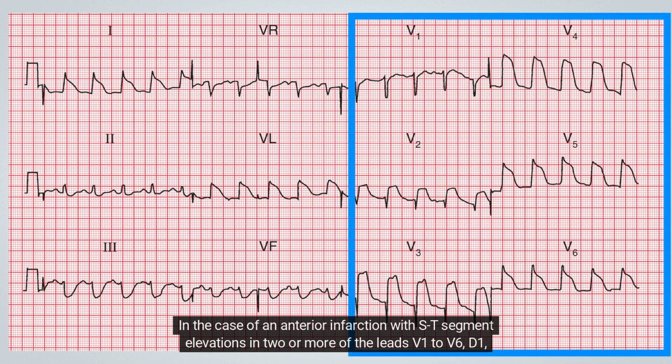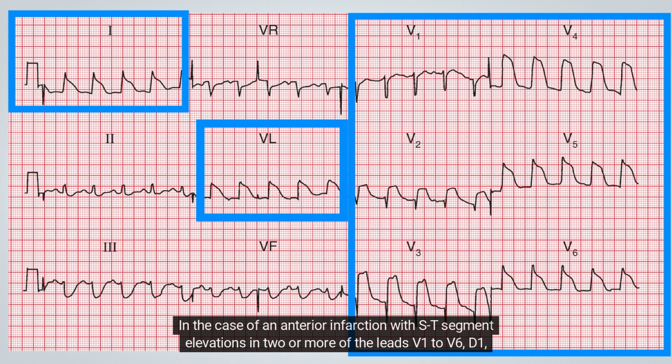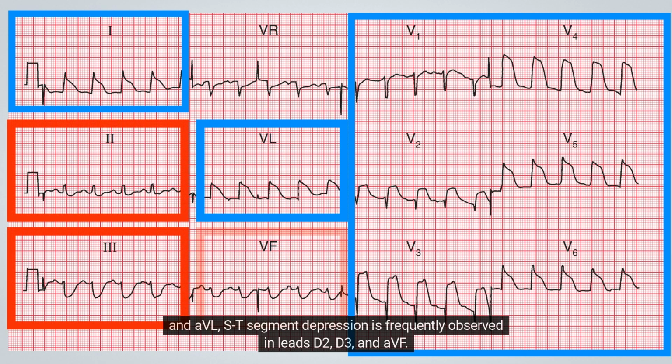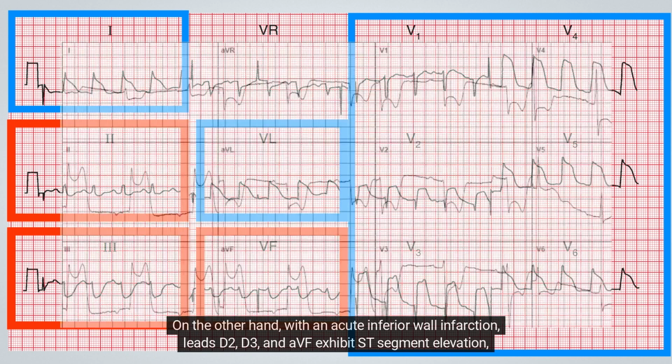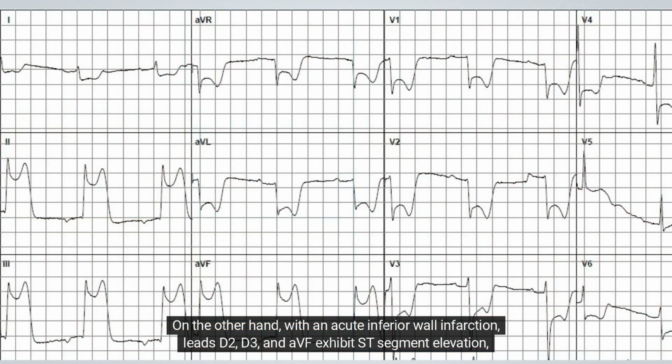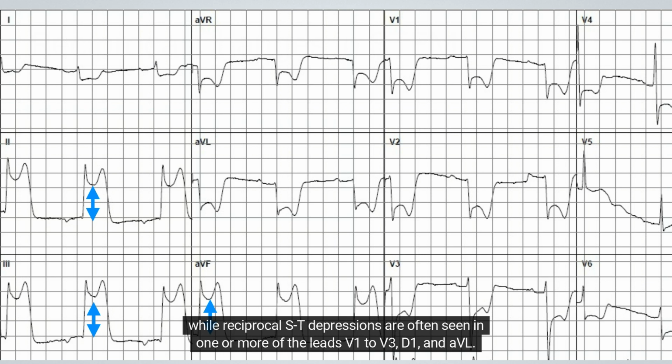In the case of an anterior infarction with ST segment elevations in 2 or more of the leads V1 to V6, D1, and VL, ST segment depression is frequently observed in leads D2, D3, and VF. On the other hand, with an acute inferior wall infarction, leads D2, D3, and VF exhibit ST segment elevation, while reciprocal ST depressions are often seen in 1 or more of the leads V1 to V3, D1, and VL.